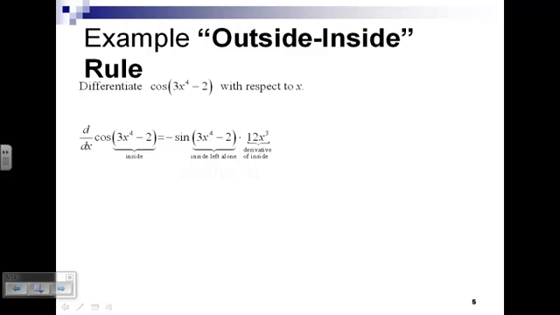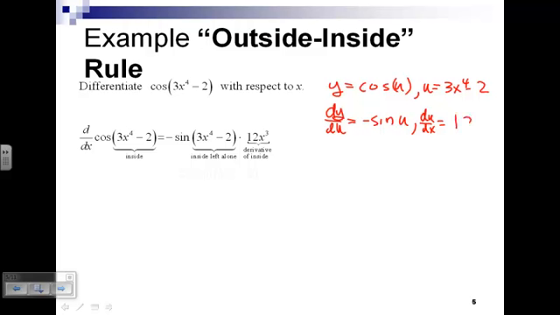Now, if I use the same notation that we did on the first slide, what does this problem look like? y is equal to cosine of u, but u is equal to 3x to the 4th minus 2. The derivative of y with respect to u is negative sine of u. The derivative of u with respect to x is 12x to the third.